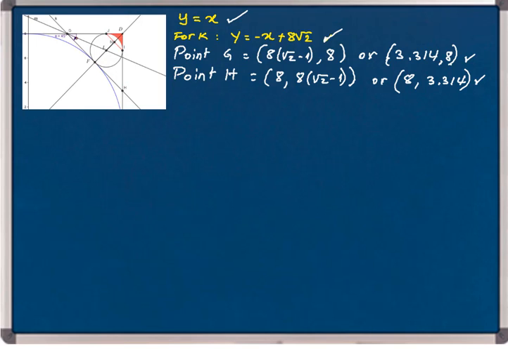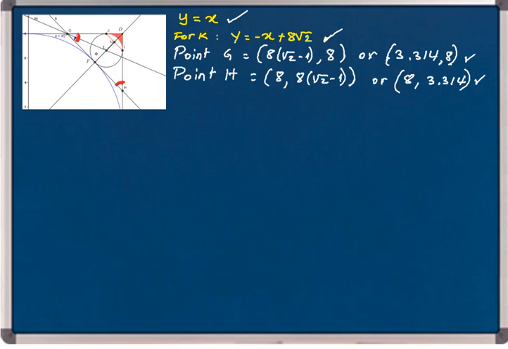So this one will be 90 over 2, which is 45, so pi over 4, and this one is pi over 4, and this one also is pi over 4. That will help us here because we have to find line M. Once we find line M, we find the intersection of M and the line Y equals X, and then we have the center of this small circle here.